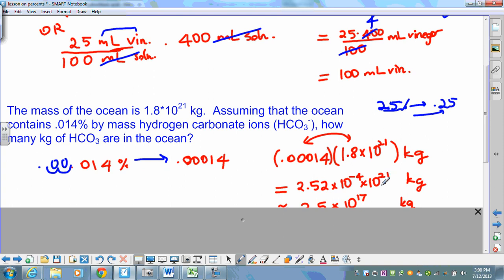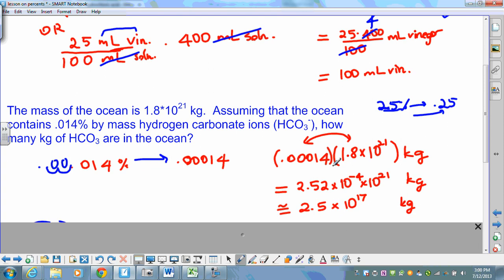But then, again, if you've studied scientific notation already, you can also simplify this further. Here you add the powers, that gives you 17th power. And then recognizing that we only need to use 2 significant figures based on the given measurements, I rounded to 2 significant figures, 2.5 times 10 to the 17.